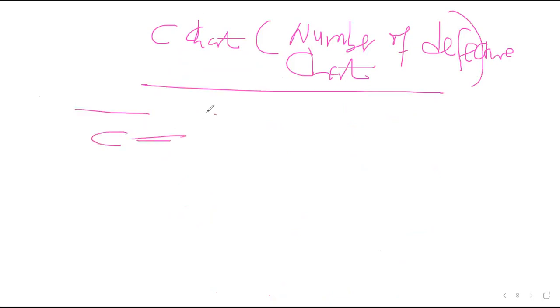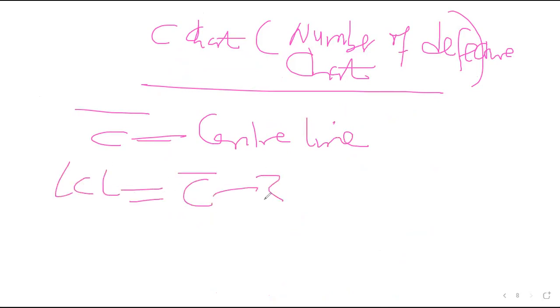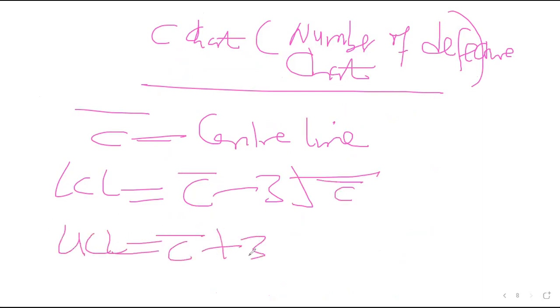So C bar is the center line. The control limits are C bar minus 3 times the square root of C bar, and C bar plus 3 times the square root of C bar.